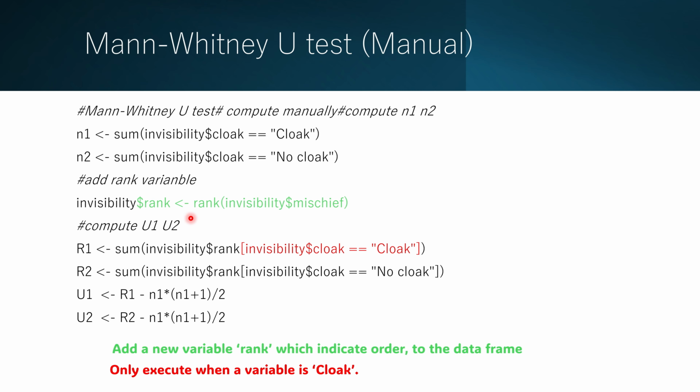Visibility dollar rank is the rank of invisibility mischief. We rank the mischief values and compute U1 and U2 like this, using summation. And this is the formula: R1 equals the sum of invisibility ranks. Then we calculate R1 by summing the ranks only for the cloak group. For R2, we do the same thing for the no cloak group.